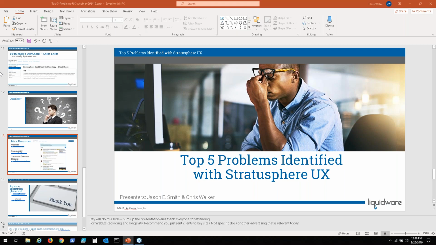The sheer depth and breadth of the Stratusphere data is both its strength and its weakness. Customers tell us all the time there's just too much data. But I say, okay, how would you find this problem if you didn't have this column? As an engineer, the diagnostic data inside of Stratusphere is phenomenal because I may not be able to find you the exact problem, but I can point you in the right direction.